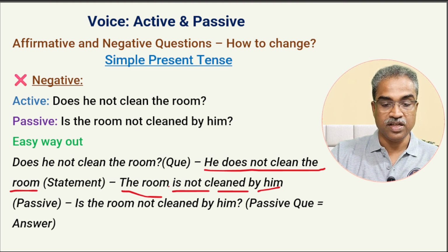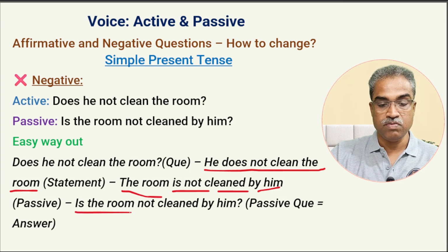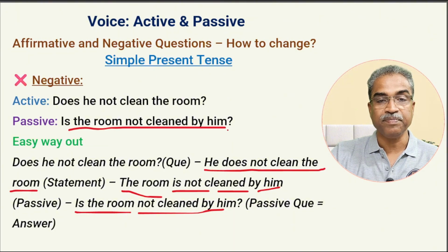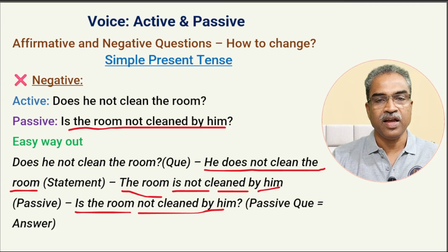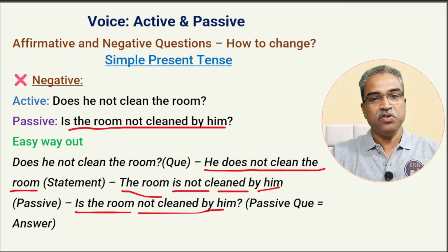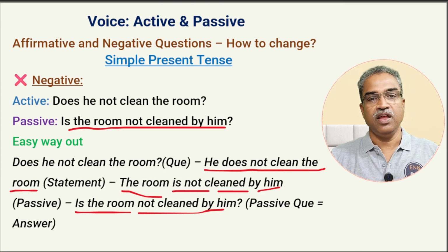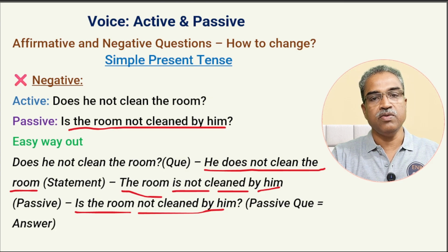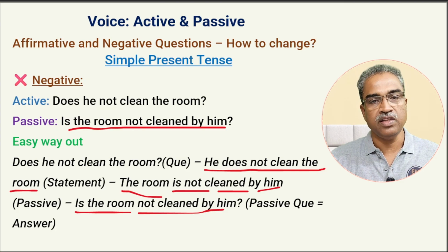Okay, so is the room, auxiliary verb first, is the room not cleaned by him? That is what we have written here: is the room not cleaned by him? Fine. I'm sure you understand what I'm trying to tell you, and I'm sure you will try this out as well. If you try this way, you will never go wrong. You will get the answer.